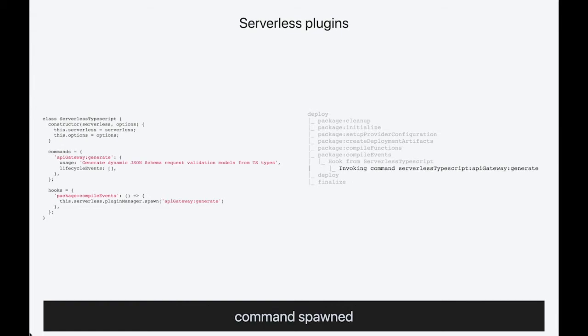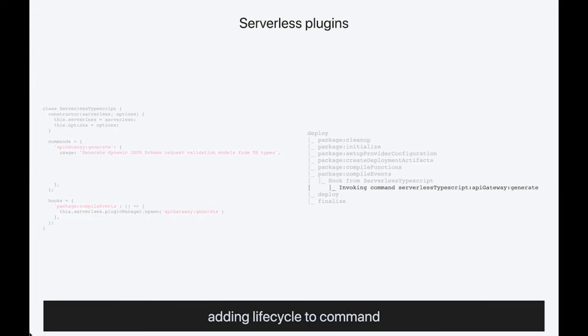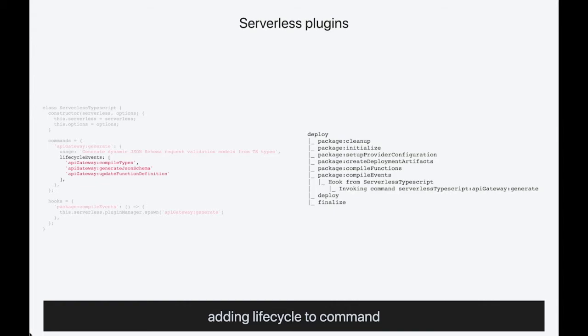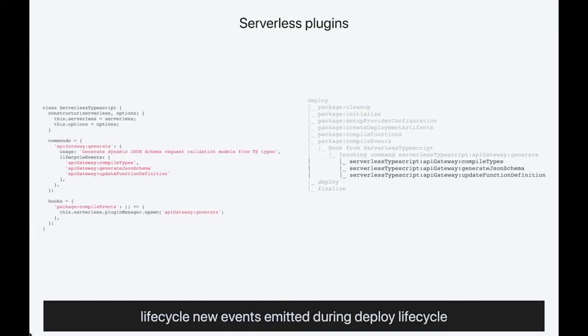It's still doing nothing at the moment, so let's add some events on the api-gateway generate command itself. We'll have three events: compile type, generate JSON schema, and update function definition. Those events are now broadcast by the invocation of the command automatically whenever you run the serverless deploy command.